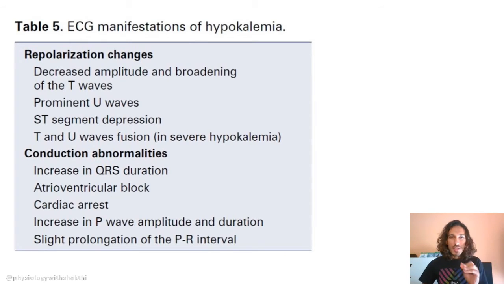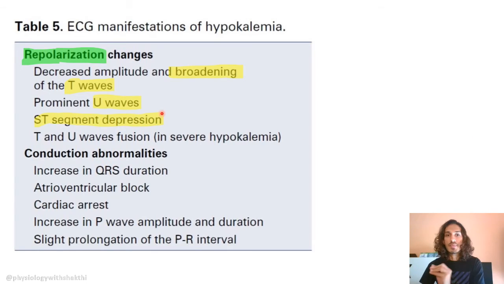So now that all of this basic functionality is clear, let's go on to understand how these are manifested in the ECG. As we had seen, repolarization problems were there. So delayed repolarization, so the prominent U wave is there, the T wave becomes broad, and then later on it gets inverted. ST segment depression is there, and when conduction abnormalities are there, that results in AV block.